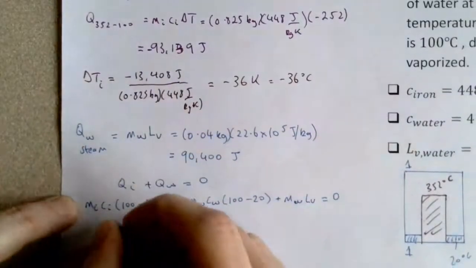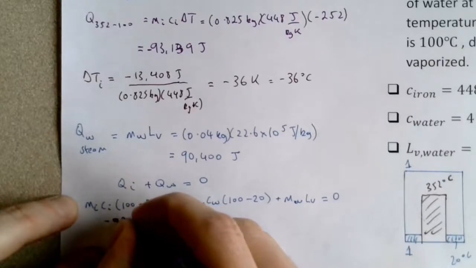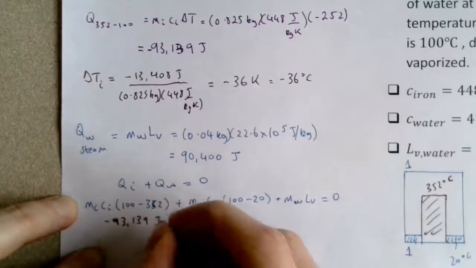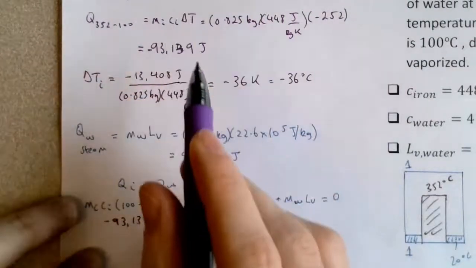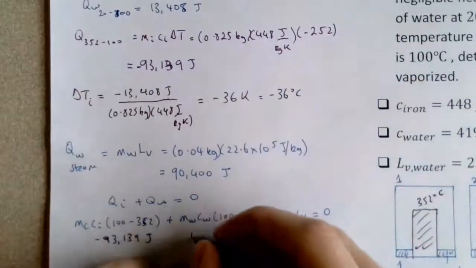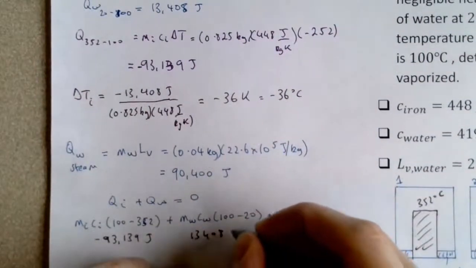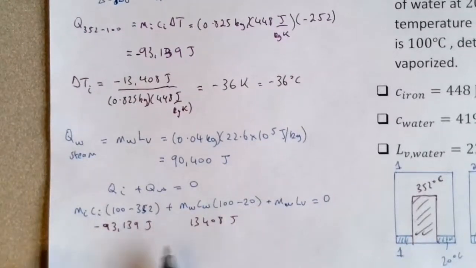This is our negative 93,139 joules. To get the water up from 20 to 100, we've already calculated that number up here, the 13,408. So that's where we're sort of saying that we have about 80,000 joules left for creating steam.